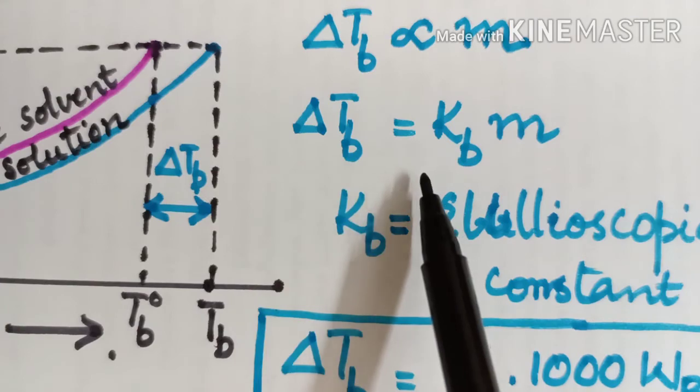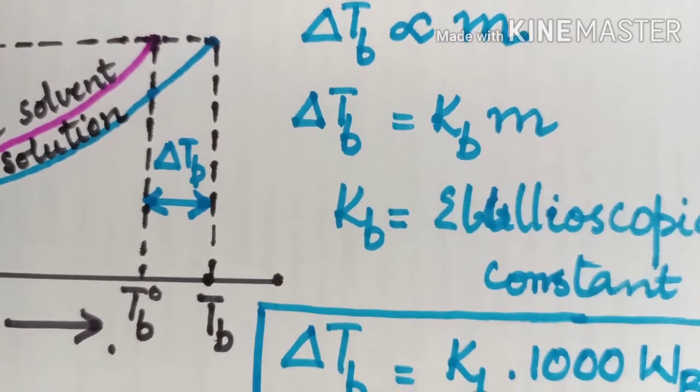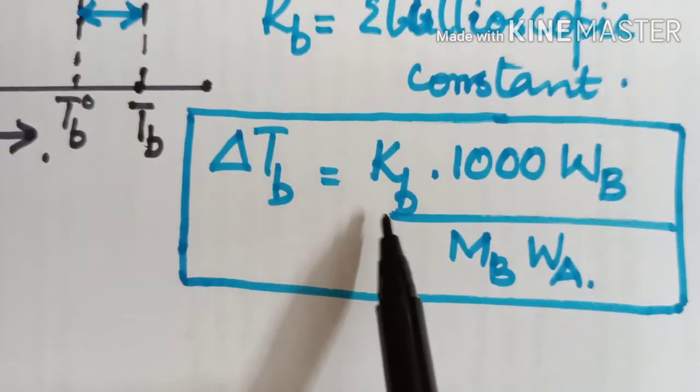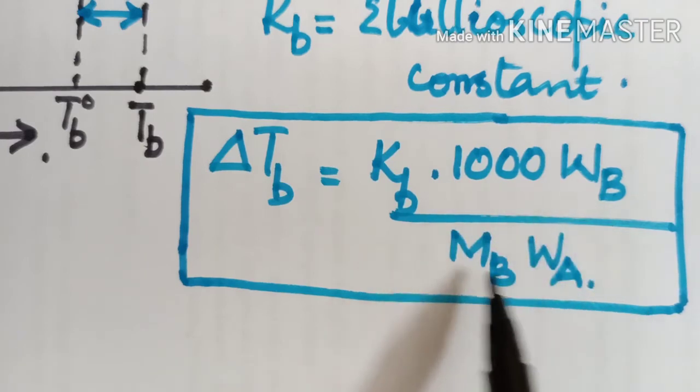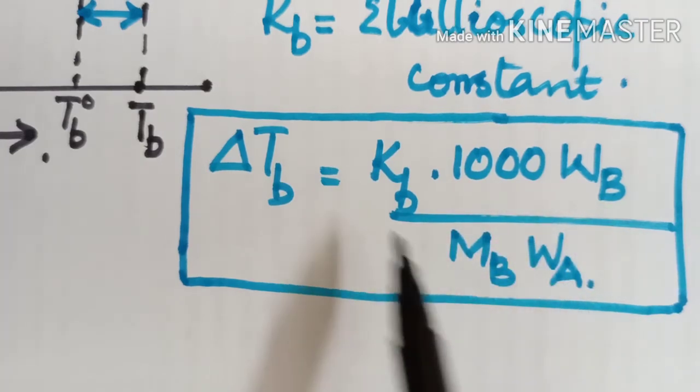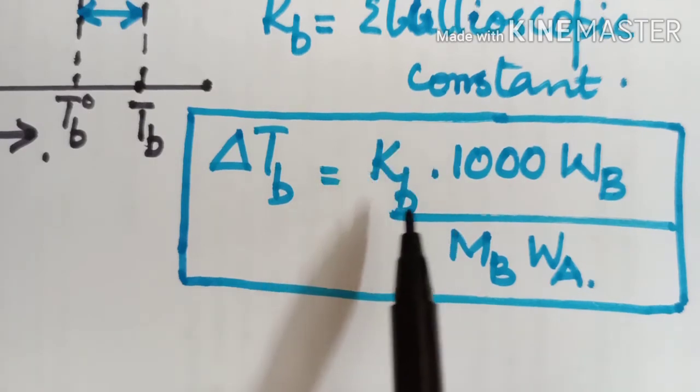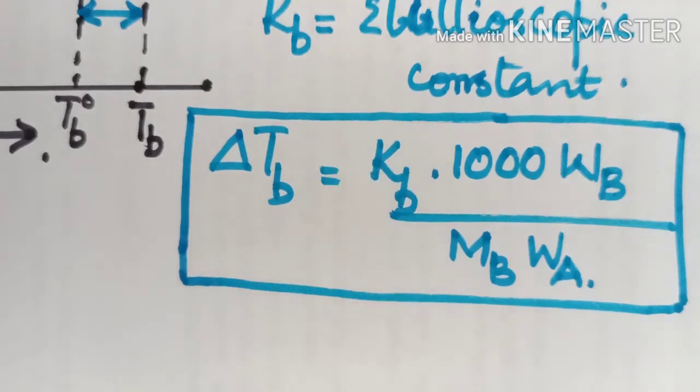Delta TB is Kb into m. Delta TB is nothing but Kb into 1000 WB by MB into WA, where Kb stands for the constant which is known as the ebullioscopic constant.